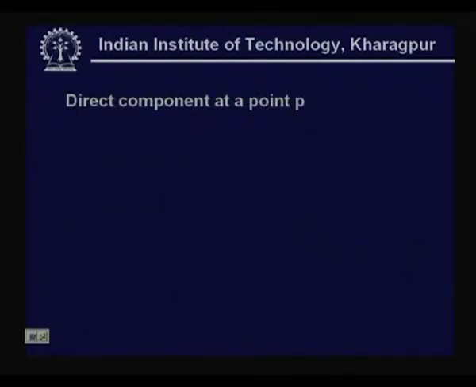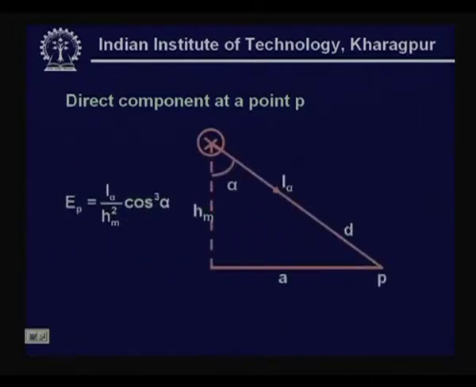Now, all this is based on our understanding of how light flux provides the illuminance at a point. We recall, in fact, we had a look at this in the lecture on photometry. The direct component at a point P due to a lamp located at a height Hm from the work plane, at any point P which is at a distance d, is given by this.